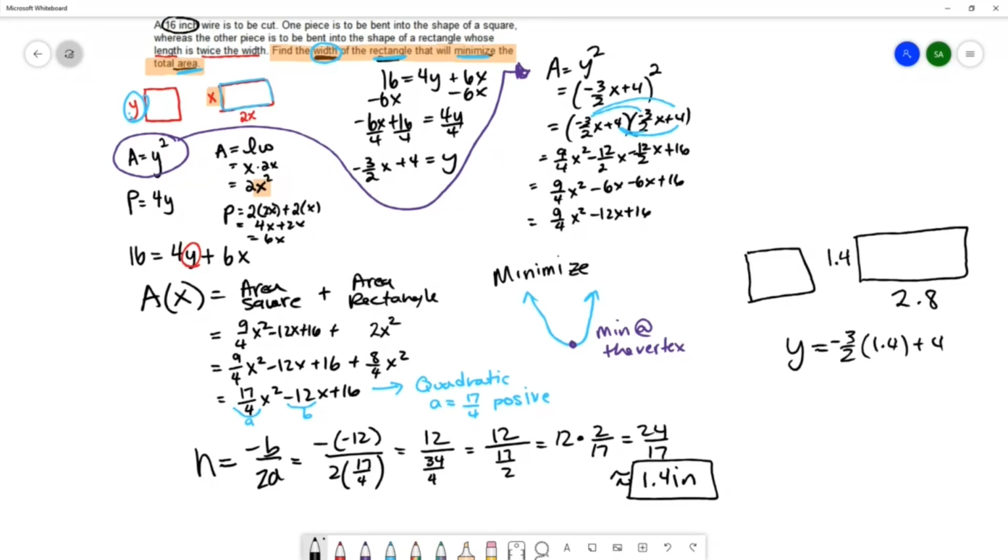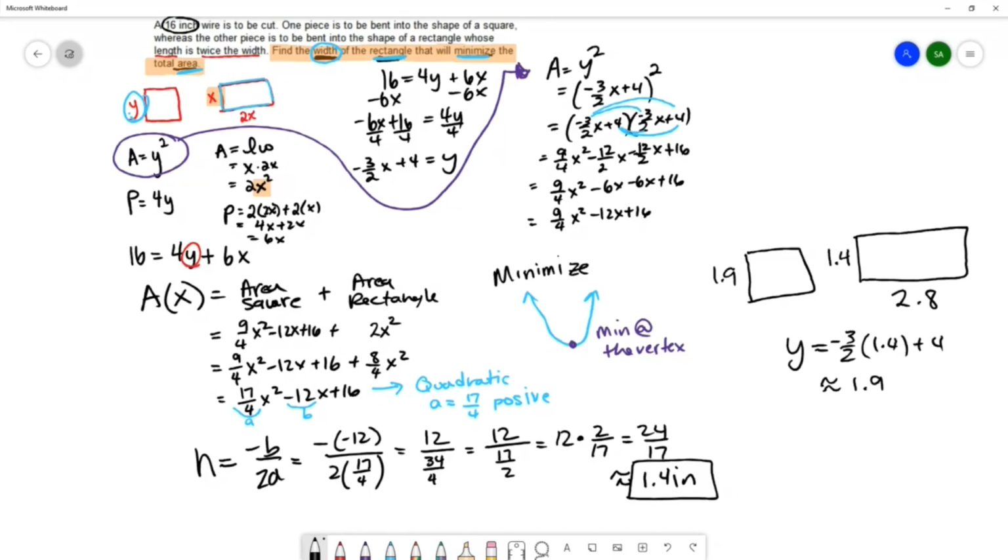So this is going to be approximately negative 1.4 times 3 divided by 2 plus 4, which gives me approximately 1.9. So I just wanted to add up the sides here to see if it got close to the 16 inches that we were supposed to have.